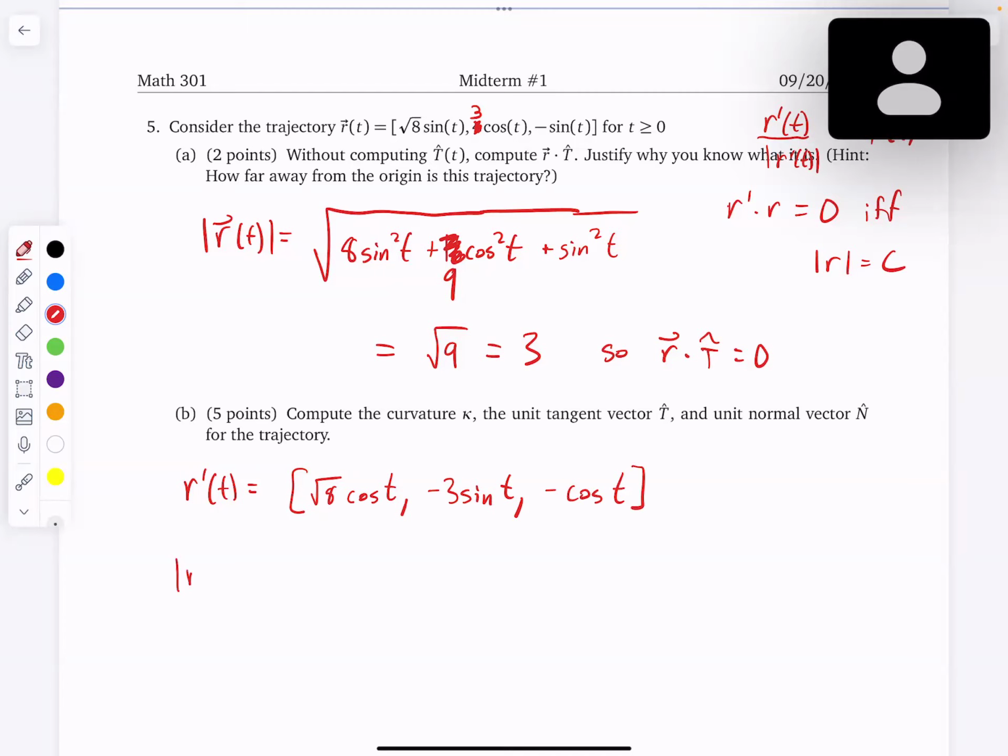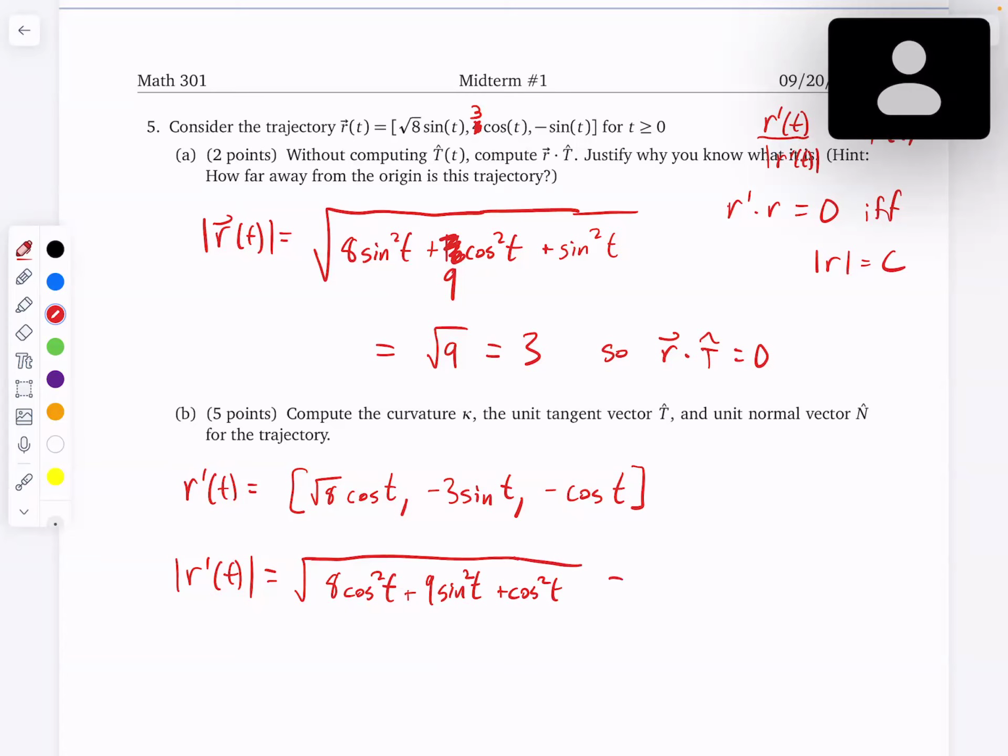The magnitude of that will be the square root of, let's see, 8 cosine squared plus 9 sine squared plus cosine squared.